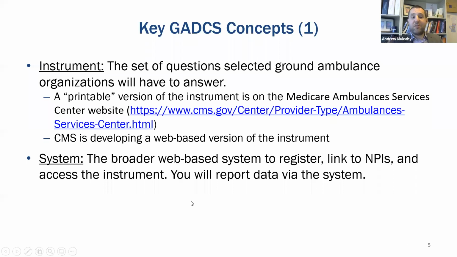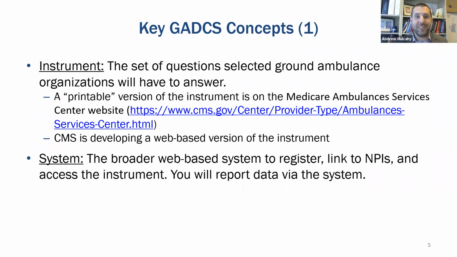So sometimes we refer to the system as a broader notion that includes the questions, the instrument, but also includes other features, like how you'll get a username and log in, and then how you'll access this much cleaner, more streamlined web-based version of the questions, rather than have to flip back and forth on a 40 some odd page PDF.